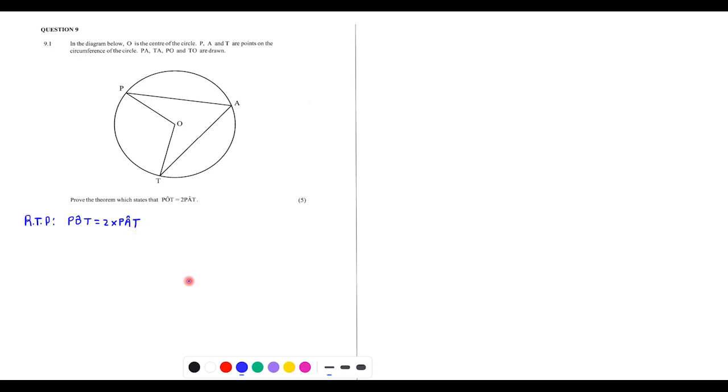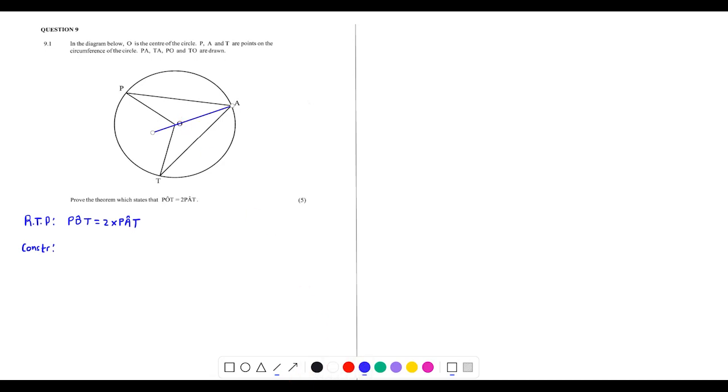All right. Then the next thing is you're going to do a construction. What we're going to construct is, we're going to join OA and then extend it. Let me just change the color here.